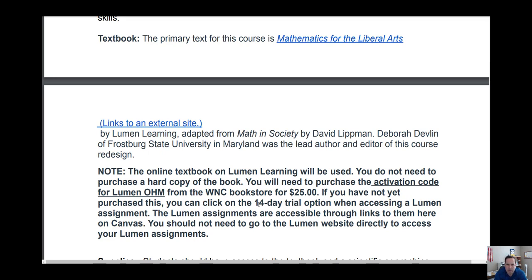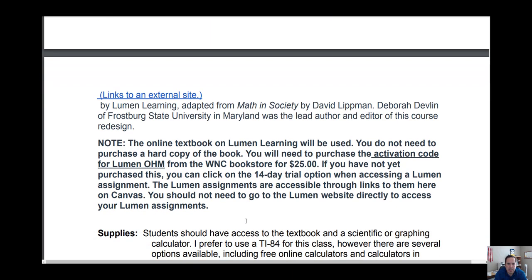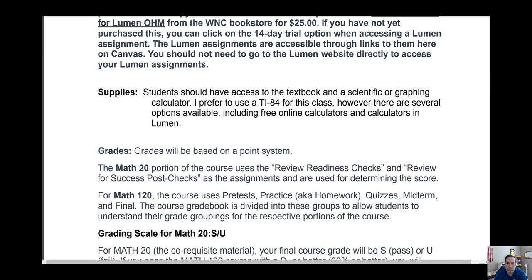So when you go to register, there should be a 14-day trial you can try, and then do the purchase. You could purchase the access code from the bookstore, and I believe you can purchase it directly from them, but I'm not sure, this Lumen company. So you should have access to the textbook of some type. Either I like having the paper book, or there's the online book that's embedded within the modules.